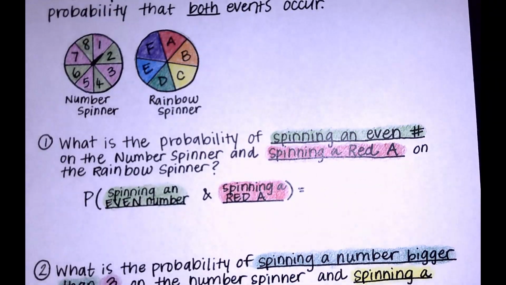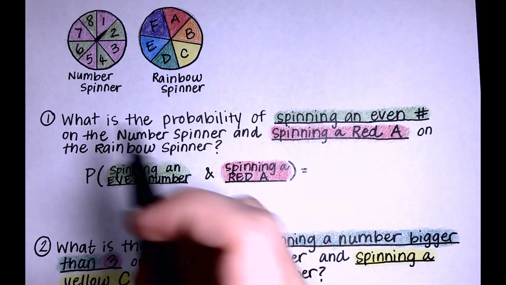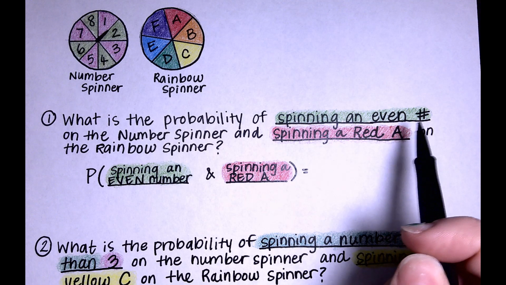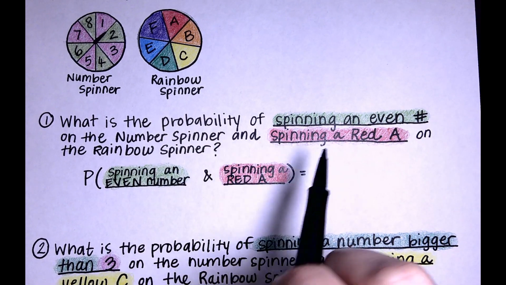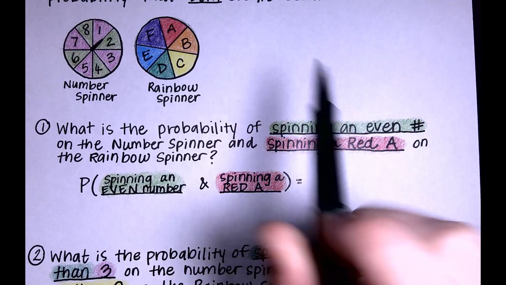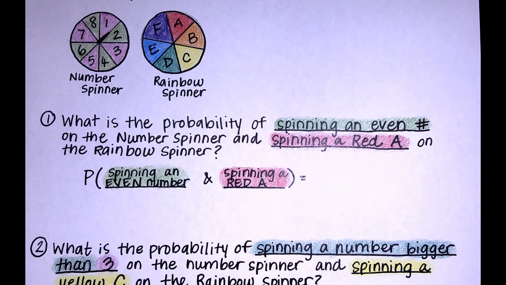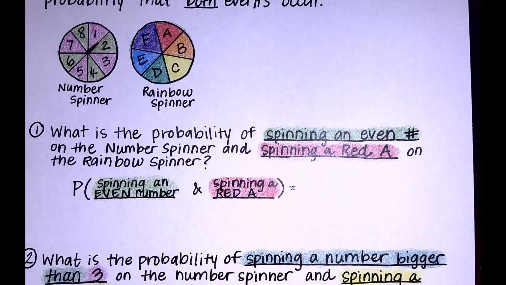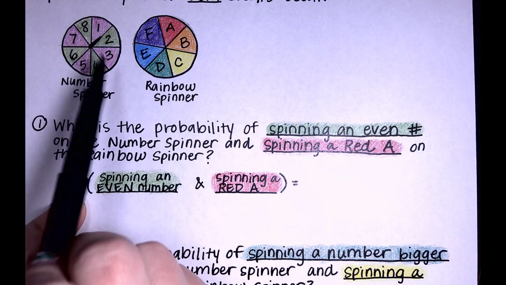On the first question, we are asking, what is the probability that we will spin an even number on the number spinner and the probability of spinning a red A on the rainbow spinner? So, before we find the probability of both, how do we find the probability of spinning an even number on the first spinner?